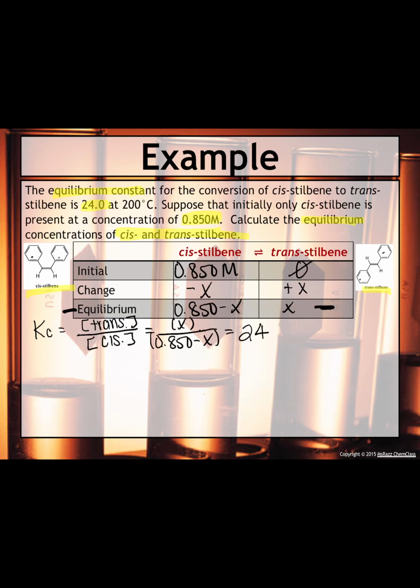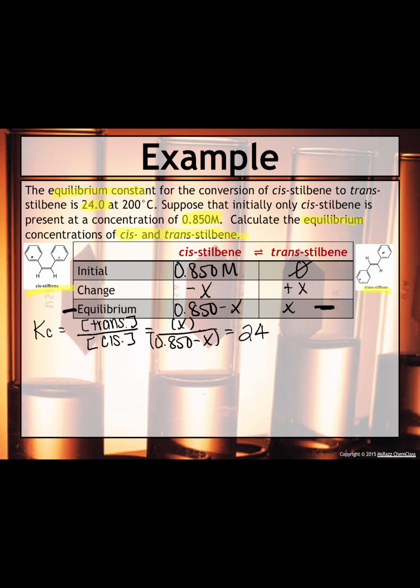So I need to rearrange and solve this for x. I do not need to use the quadratic formula for this, but it does require a little bit more algebra. Okay, so my first step is to get rid of whatever is in my denominator.